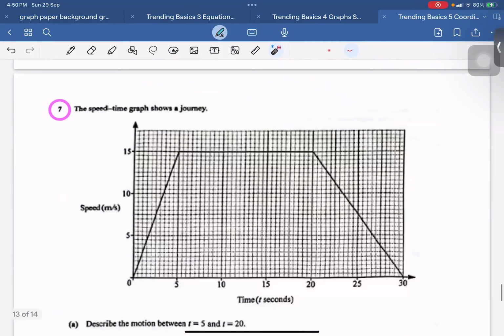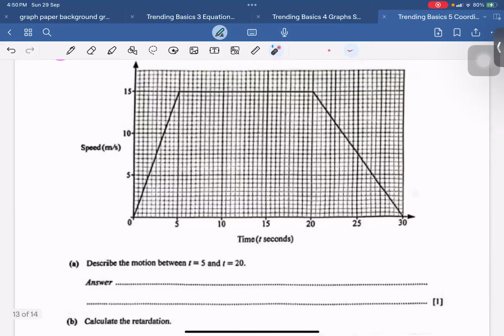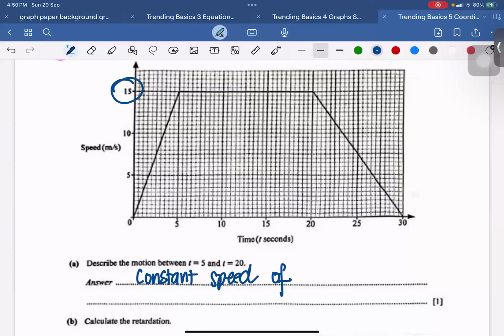Next one, again, speed time graph. Describe the motion between 5 seconds to 20. Speed time graph over here, 5 to 20. You study physics, right? This is constant speed. But it's not good enough. Describe the motion. So it's traveling at a constant speed of, read the detail, numbers, 15 meters per second.